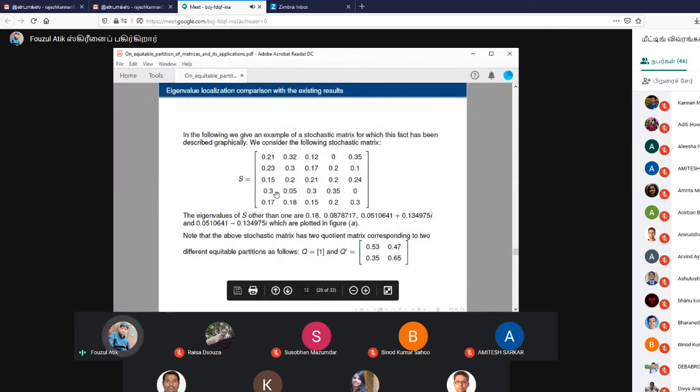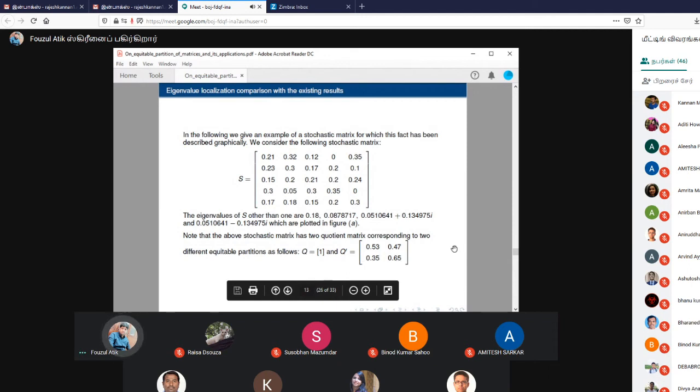Corresponding to different partitions, we can have two different quotient matrices. One is Q1, that is 1, the actual one, because it's a stochastic matrix. Another one is a speciality: you can also partition the matrix into two sets, X1 and X2. Using that partition, you get the quotient matrix Q dash equal to this.